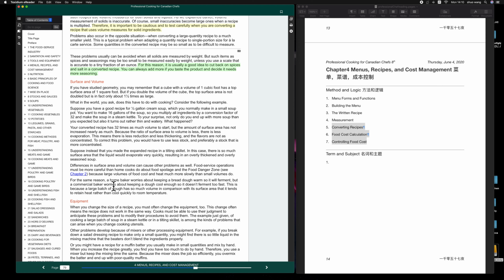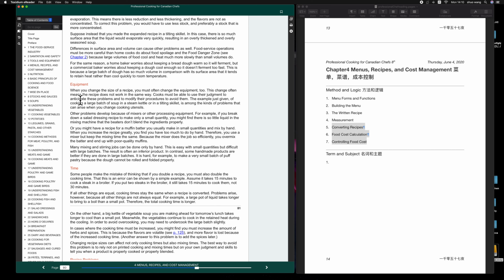For the same reason, a home baker worries about keeping a bread dough warm so it will ferment, but a commercial baker worries about keeping a dough cool enough so it does not ferment too fast. This is because a large batch of dough has so much volume in comparison with its surface area that it tends to retain heat rather than cool quickly to room temperature.